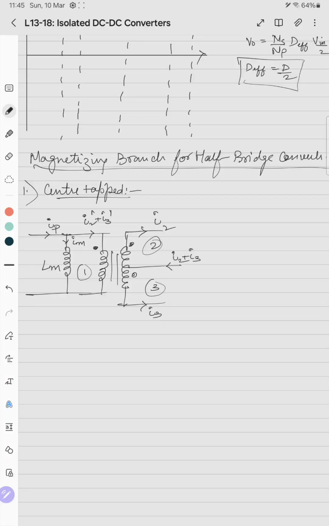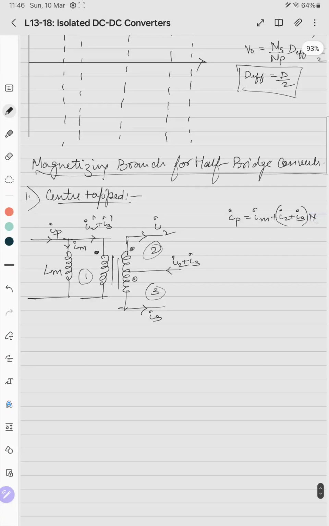So here what we can write as IP is Im plus I3 dash. So basically I2 plus I3. As we have equal turns ratio, as it is a secondary center tap transformer, so it will be into Ns by Np.